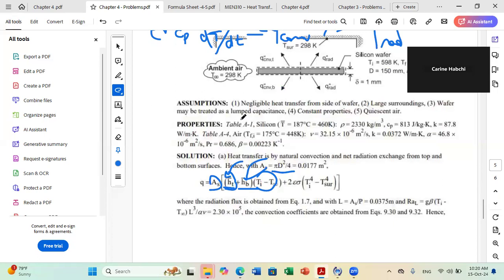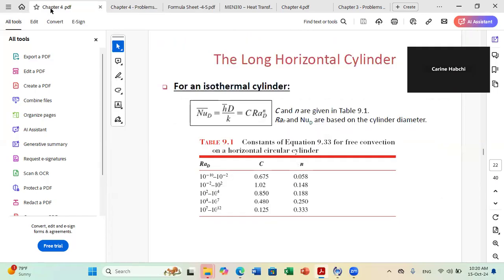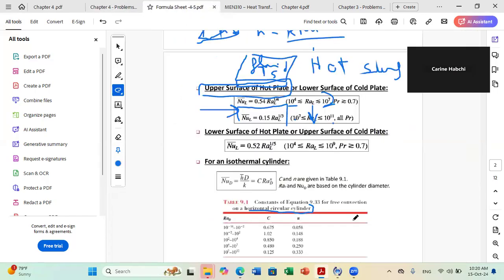We get the value of the temperature. It's 448 Kelvin. And at this temperature, we'll evaluate all properties. Of course, here we might need interpolation if you don't have the value exactly. We go to the table of air.